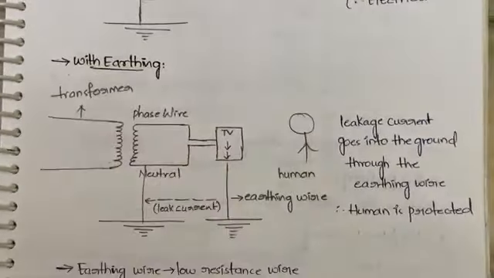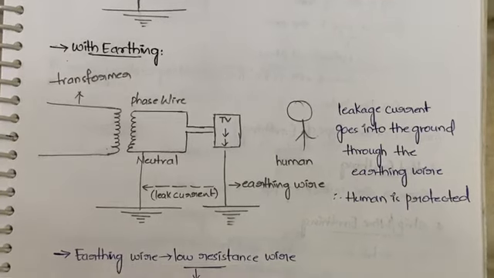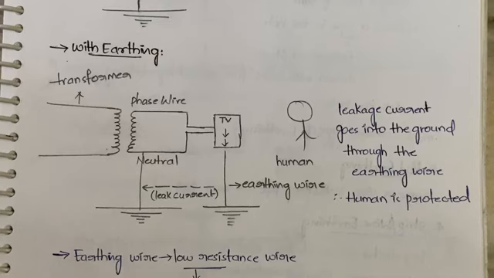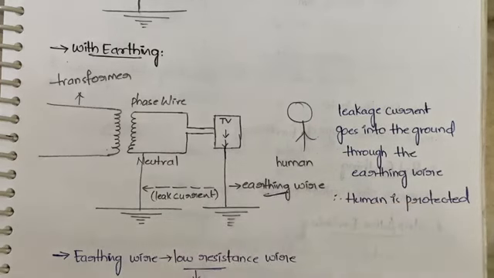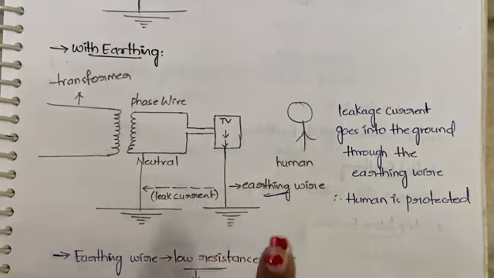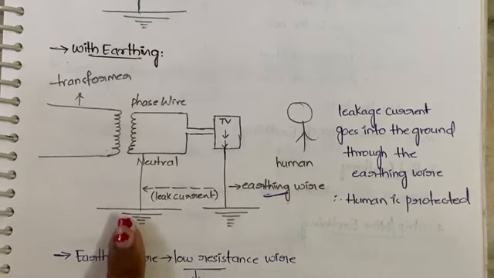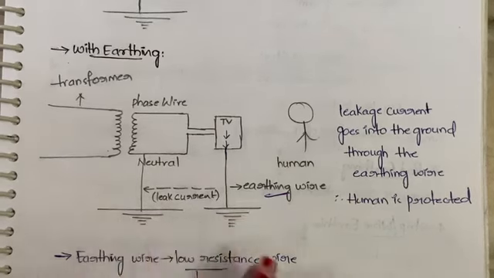Now when there is earthing, what will happen? From the transformer, current will be coming to the phase wire, and the phase wire will be sending it to the device. Whatever leakage current is there, that is connected to an earthing wire. So when it is connected to an earthing wire, whatever leakage current is there will be sent to the neutral with the help of this earthing wire.